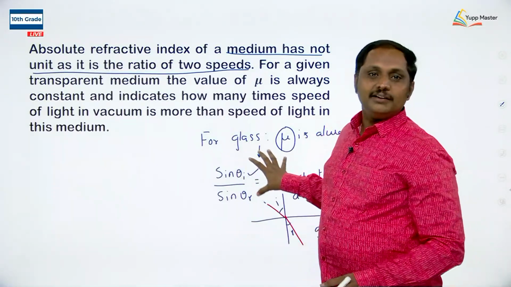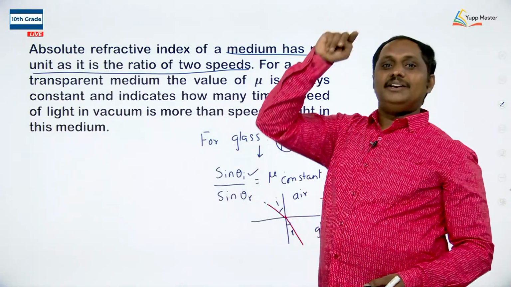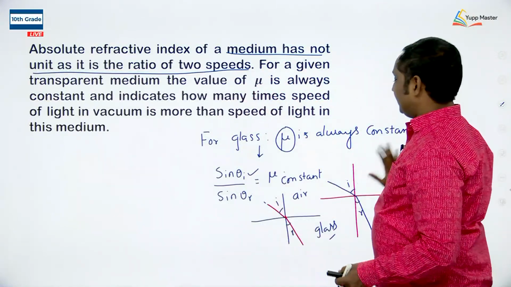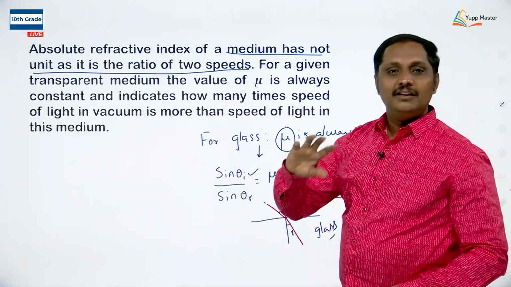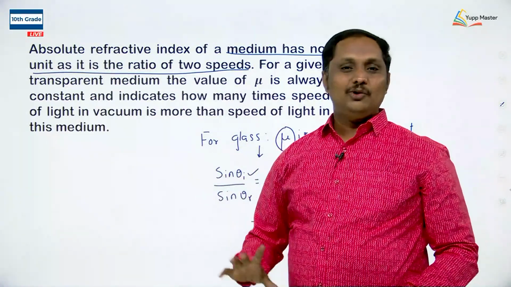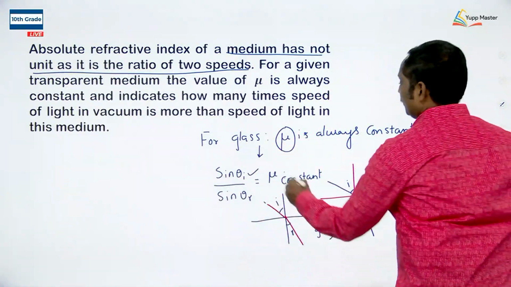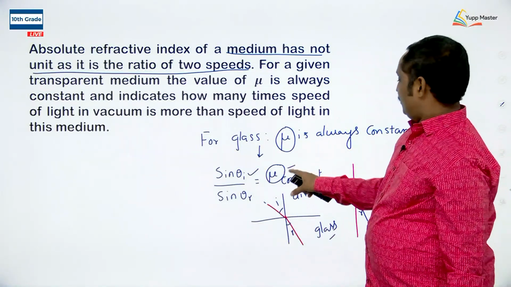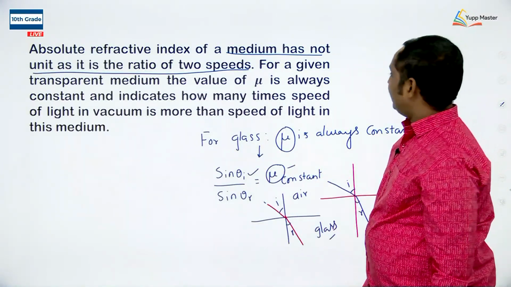You can calculate by taking a different angle of incidence, first case and second case, and practically you will get that same value of mu. What is mu? It is the refractive index of glass. Mu is constant, that is very clear.